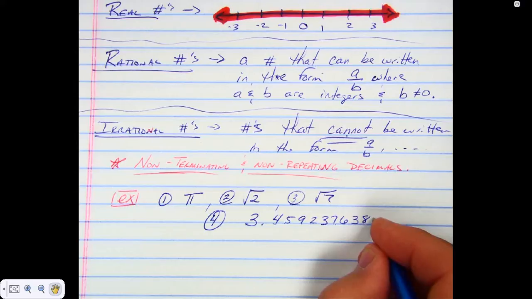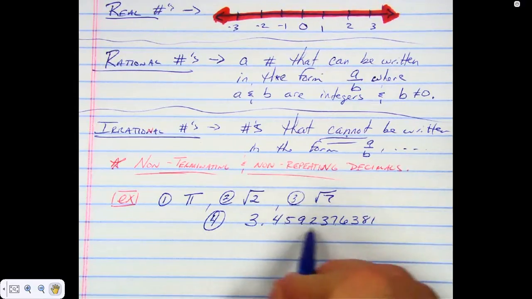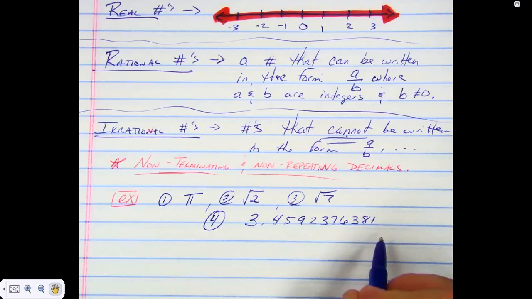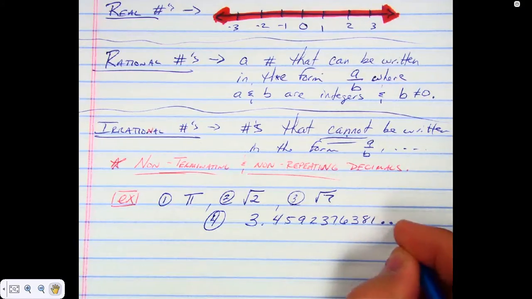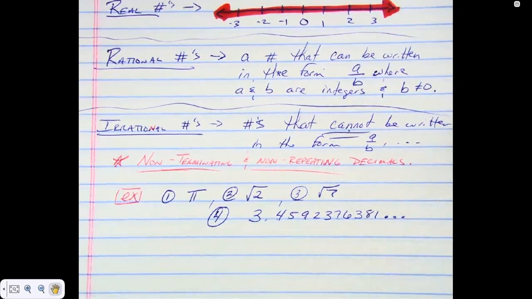How about 1? It doesn't matter. Did I repeat any pattern there? No. Okay, that would be an irrational number between 3 and 4. Taken to 10 decimal places. Does it keep going? Yes. So in essence, we should put the dot, dot, dot on it, shouldn't we? But see how it doesn't repeat the same pattern?